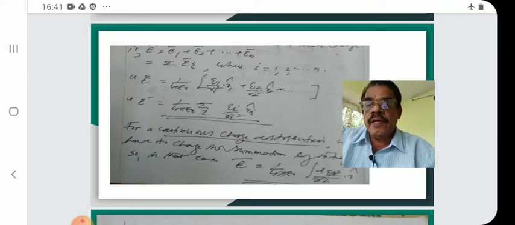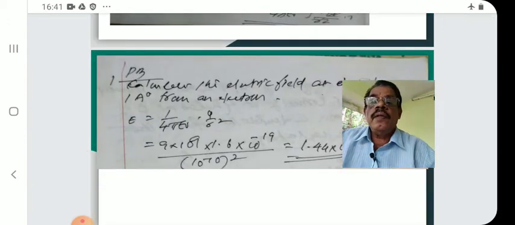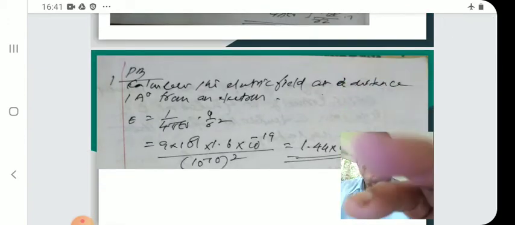The electric field at P due to a continuous charge distribution is given by E vector is equal to 1 by 4 pi epsilon 0 integral dq by r square into r cap. Now we see some problems.